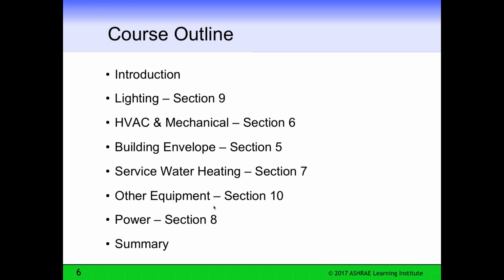And then we have a very brief summary. But the bulk of the course is showing you how you comply with the different technical sections. The introduction has some historical and procedural and compliance issues that we discuss. We start with lighting because lighting is one of the most interesting sections, as you'll see as we get into it.